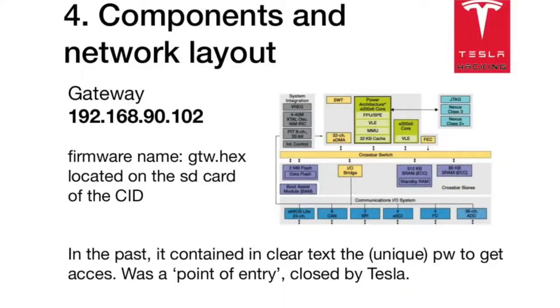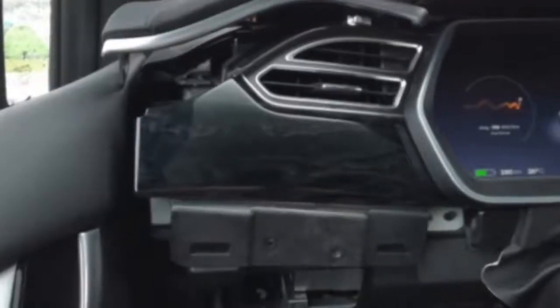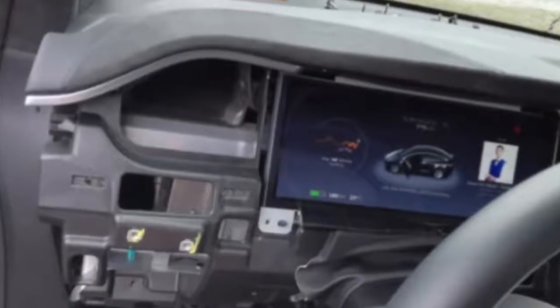Yep. Very interesting. So you can basically get access to the network of the computer on wheels. How can you get access to it? From inside, from outside? So first you need to break open your car a little bit. The easiest way on the Model X is on the right side where the Autopilot is.